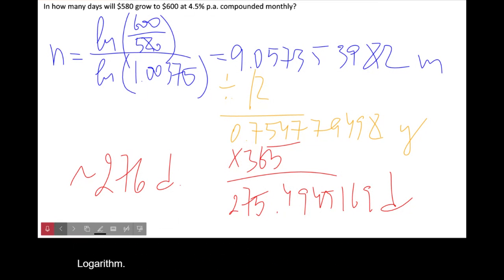It's logarithm, ln. Guys, I hope that you see this formula is not the first time. Just analyze what it could be. ln.